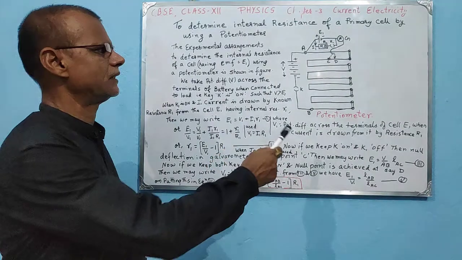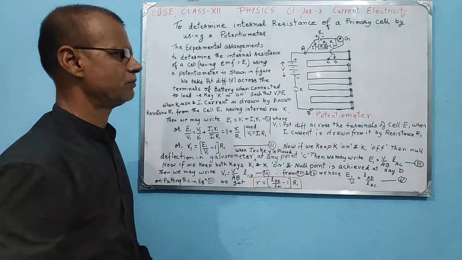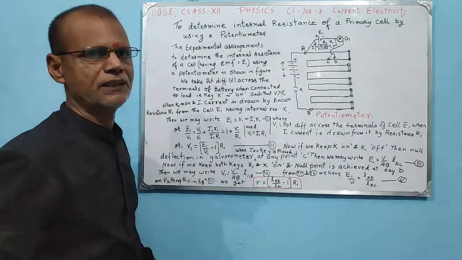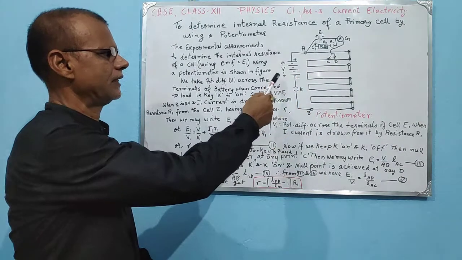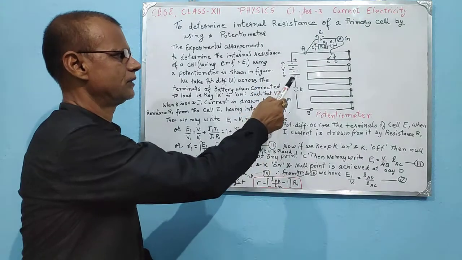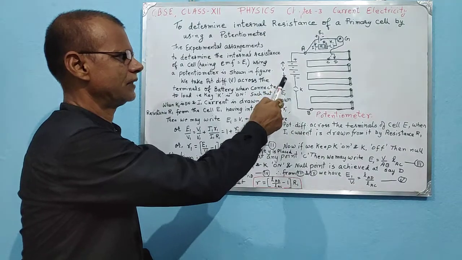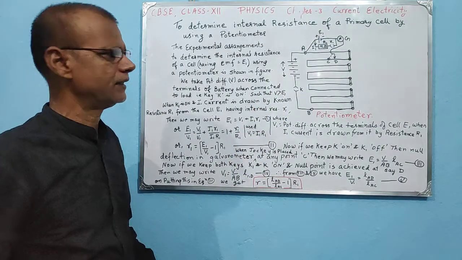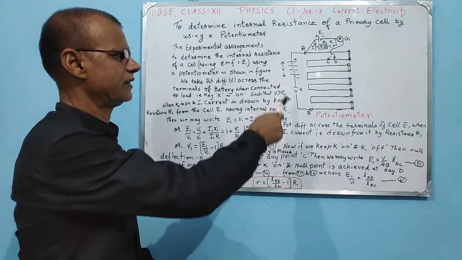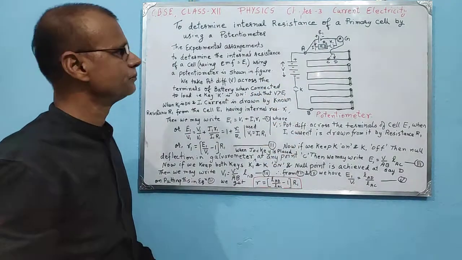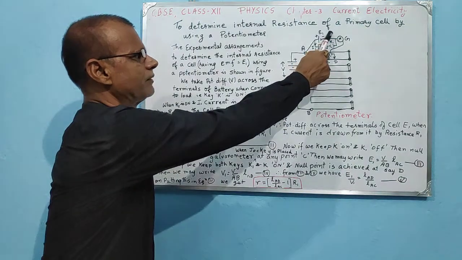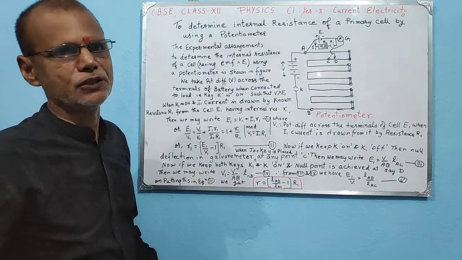First of all, let us look at the experimental arrangement. You have a potentiometer, 10 arms 1 meter long each, and we are again attaching a battery of high voltage. When it is connected to load, we assume that the potential difference across the battery is V, and this value is always kept greater than the EMF value of the cell being used.